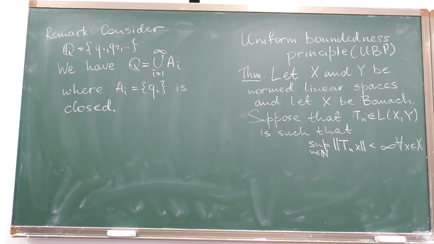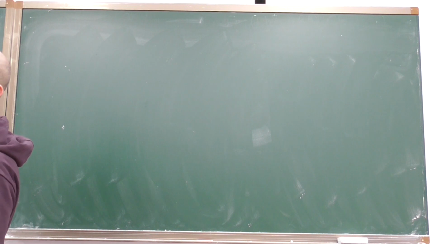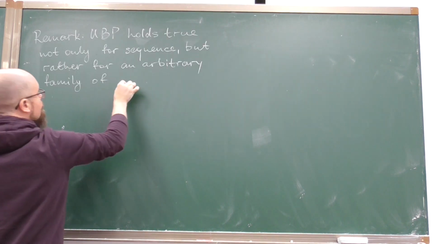So at every single point of X, this expression is bounded. And from this pointwise boundedness, we want to conclude the uniform boundedness. Let us also remark that this result holds not only for sequences, but for an arbitrary collection of operators.